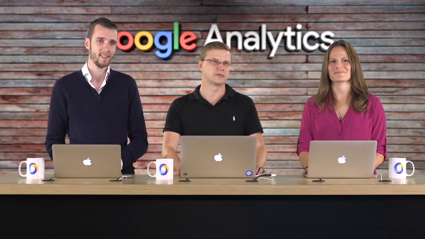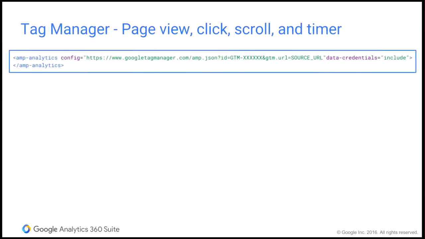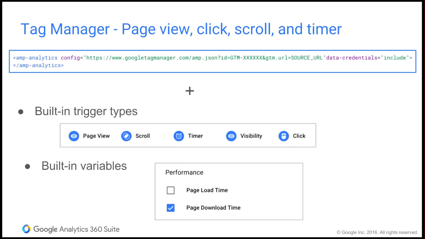Yeah. So now we'll dive into what it looks like, how the snippet changes in Google Tag Manager. So that's for all of your different triggers. Now I'm being slightly silly here because you don't quite get that for free, but it does not change, and that's really what we're aiming for. So what it really comes down to is going into Google Tag Manager. We provide a user interface to select which types of triggers you want to use that are available in AMP. And then these are just a couple of examples of some of the built-in variables that we offer.